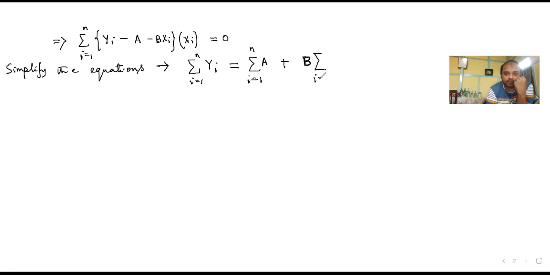This is the term which I get from the first equation. So we can name this equation as equation number 1.